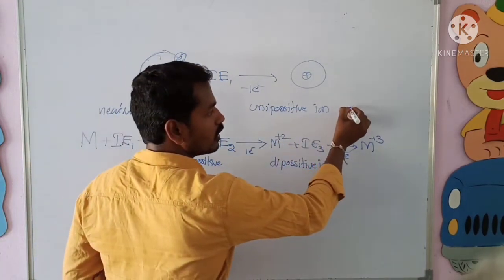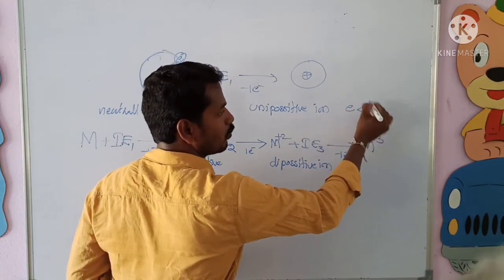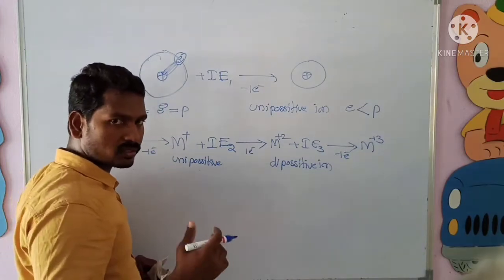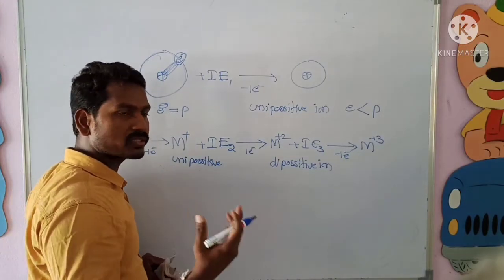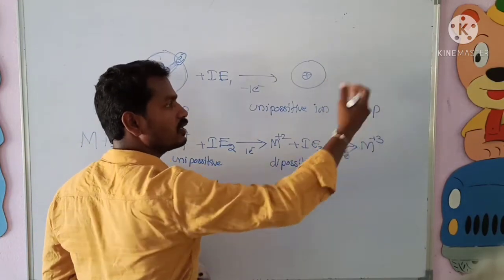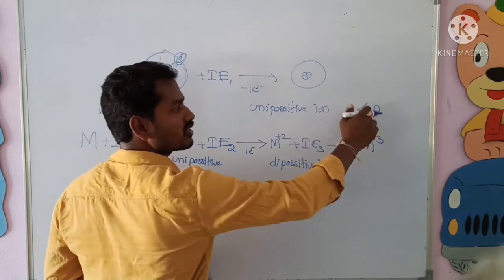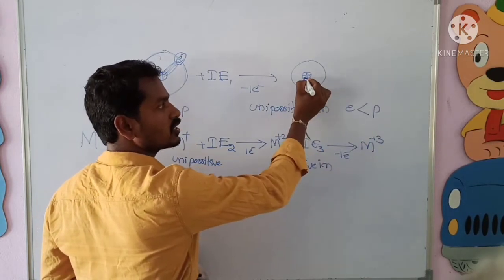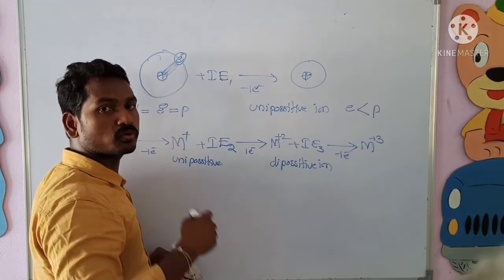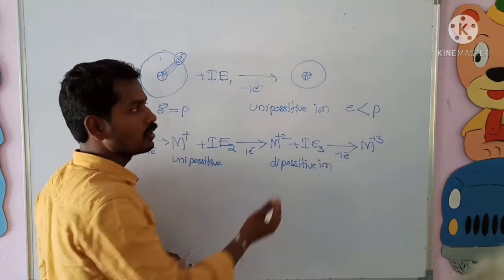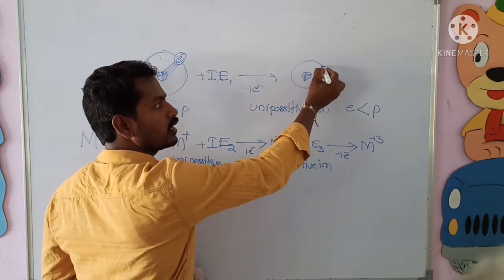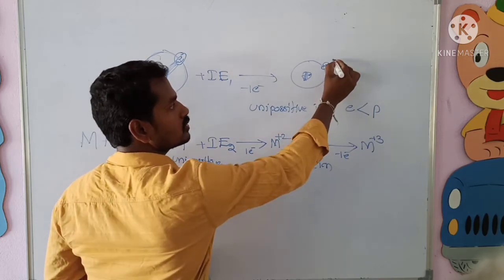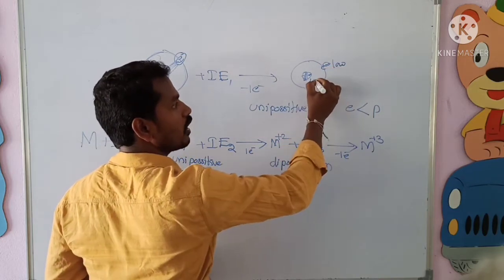In this position, the number of electrons is less than the number of protons. The proton number is high and the electron number is low, which means the nuclear charge is high. The positive charge is high and the negative charge is low.